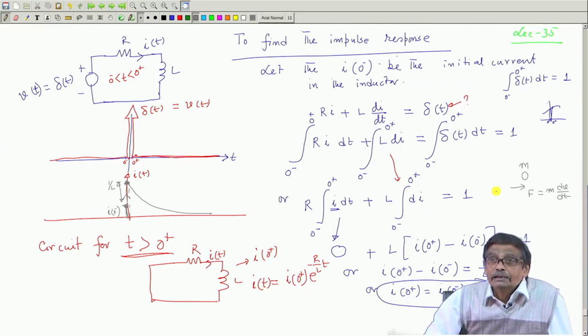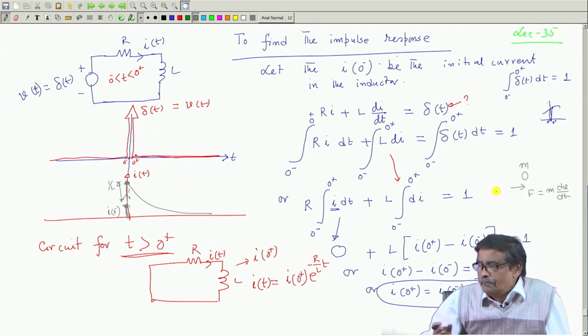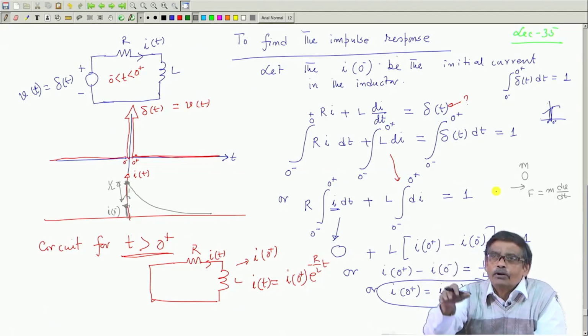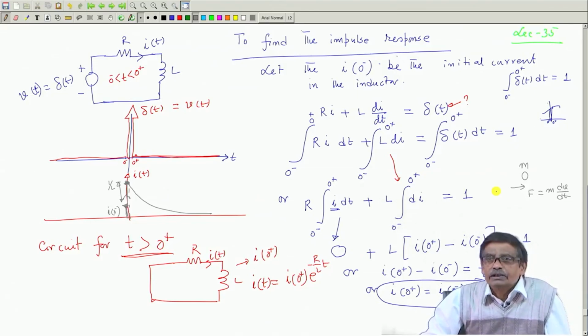But if you apply an impulse force, velocity will change instantaneously. Example: suppose somebody is with a bat and I am throwing a ball to him with some known velocity. So at t equal to 0 minus, the velocity was v 0 minus.